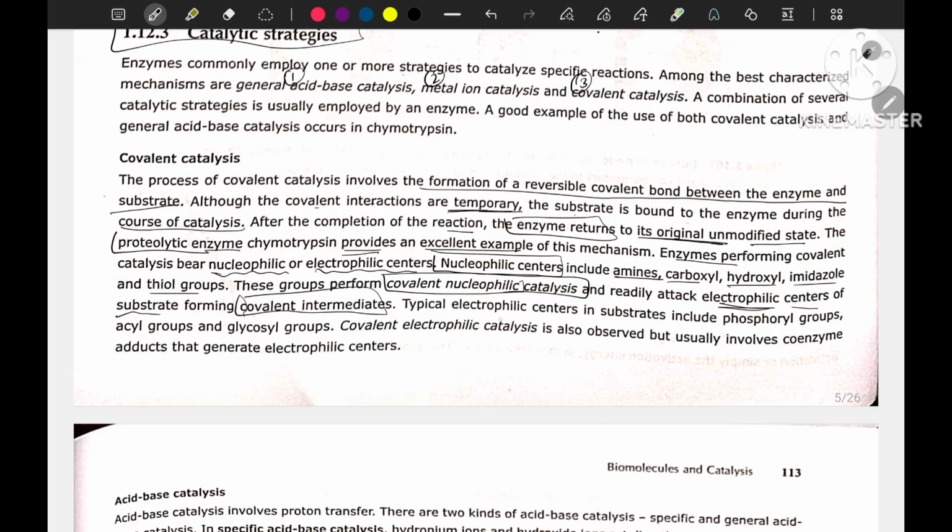Typical electrophilic centers in substrates include phosphoryl groups, acyl groups, and glycosyl groups. Covalent electrophilic catalysis is also observed but usually involves coenzyme adducts that generate electrophilic centers.